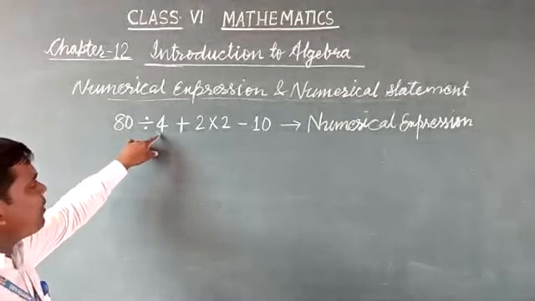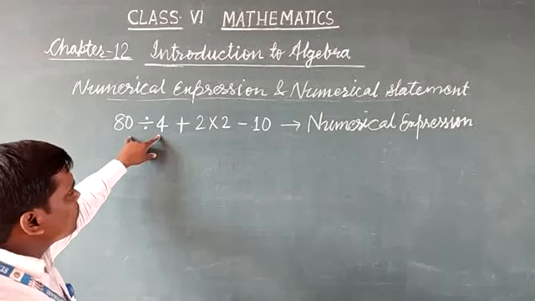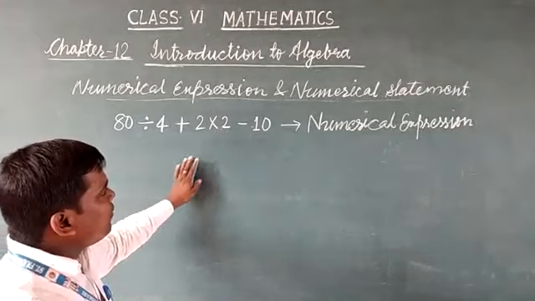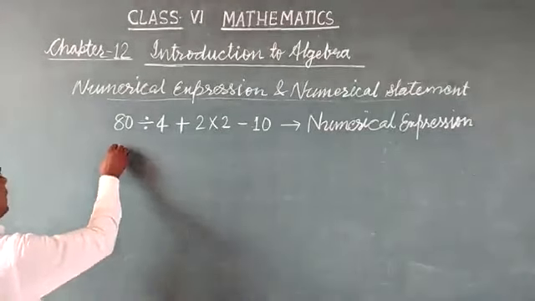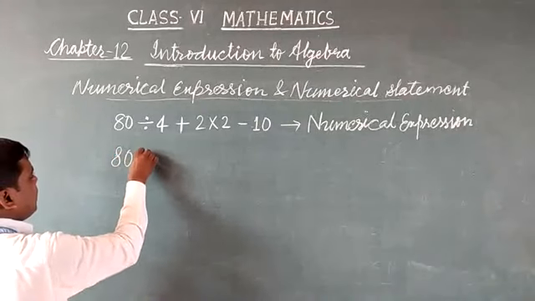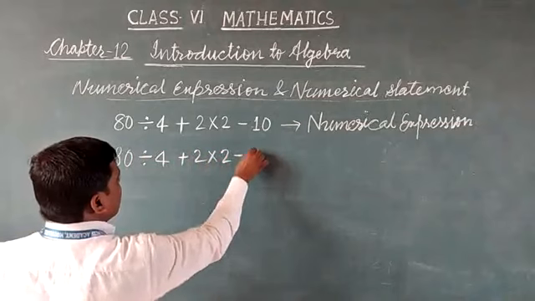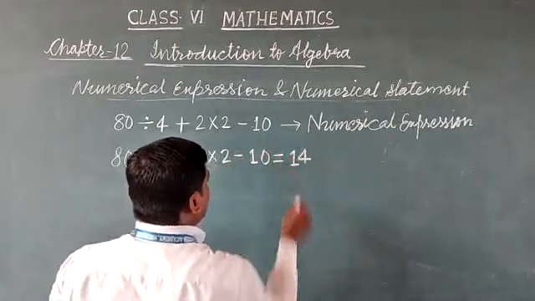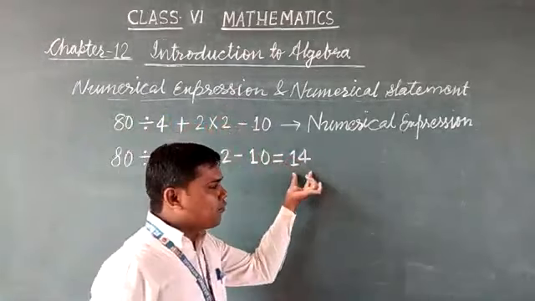So, 80 divided by 4, that is 20. 2 multiplied by 2, that is 4. 24 minus 10, that is 14. We can write 80 divided by 4 plus 2 multiplied by 2 minus 10 is equal to 14. After solving this expression we get the result 14.